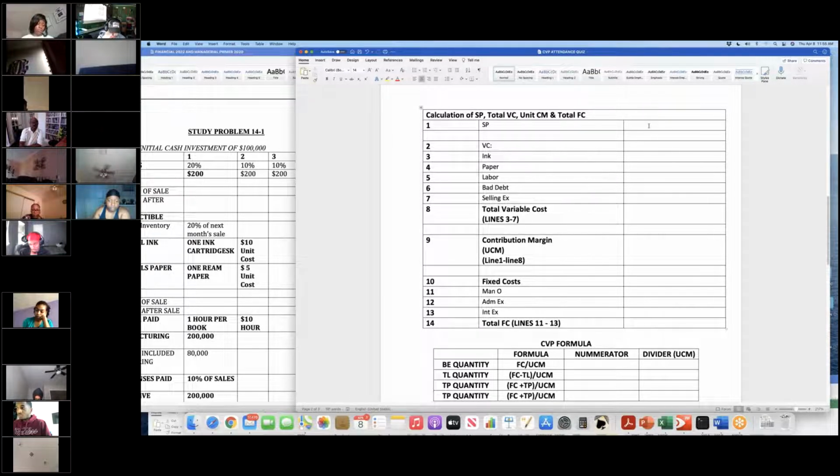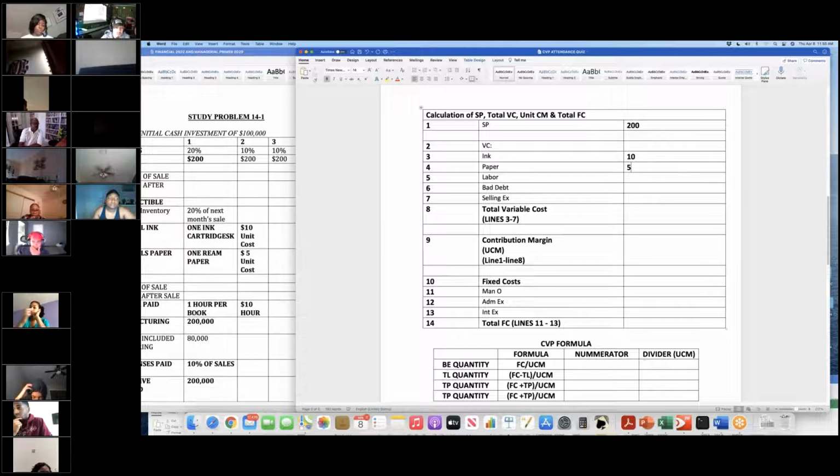So we're told the selling price is what? $200. Okay. So let's begin to work on the variable cost. How much is the ink? 10. Okay, the ink is 10. Paper? $5. The labor? 10.